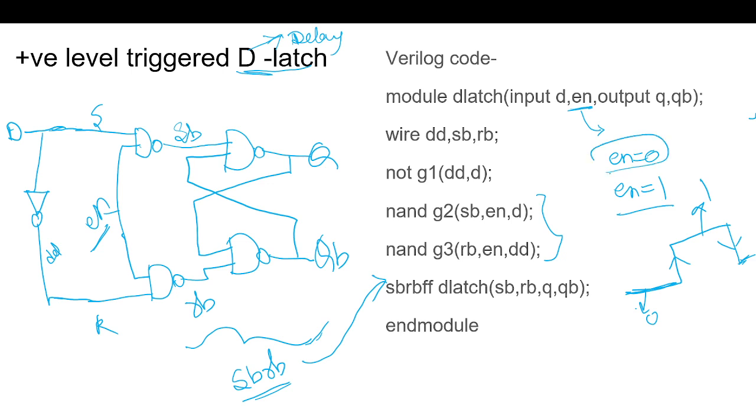If I say enable is equal to 0, I am meaning the 0 level in the clock. If I say enable equal to 1, I am trying to say this level in the clock. And when it comes to this, we will be calling it a process. This we will call a package.